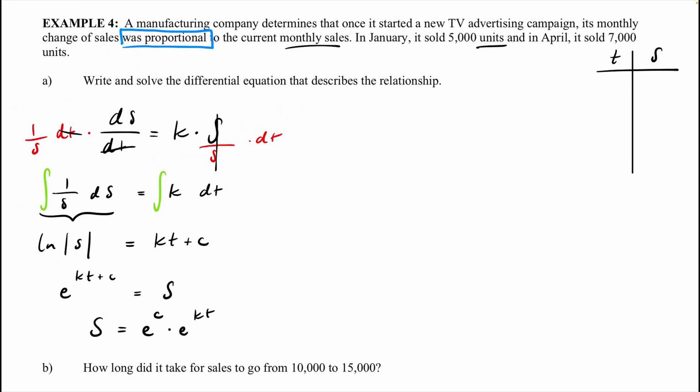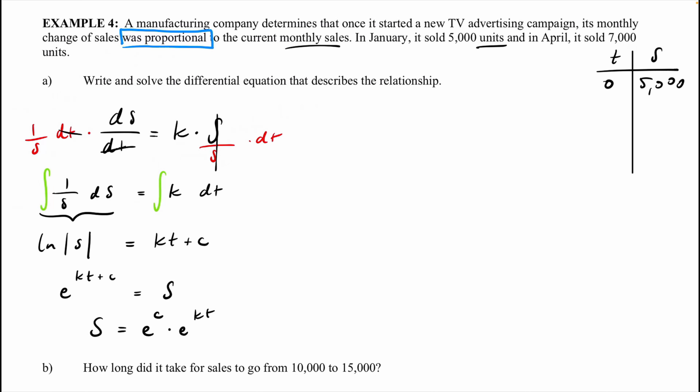So what do they give us? They said in January it sold 5,000 units. In April it sold 8,000 units, or 7,000 units. Sorry. So how do we express that in our table? So initially it was 5,000. So what's time for initial? What would time be? 0. Okay, 0. So if January is 0, what is April going to be?